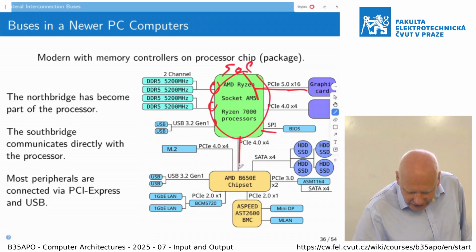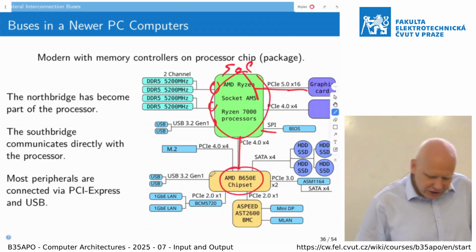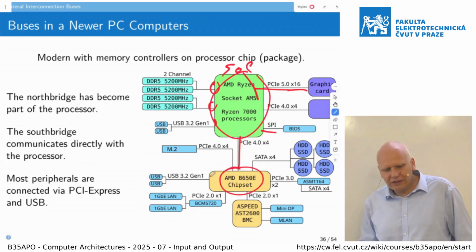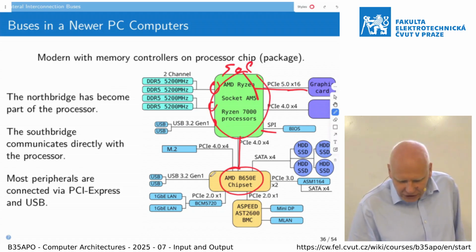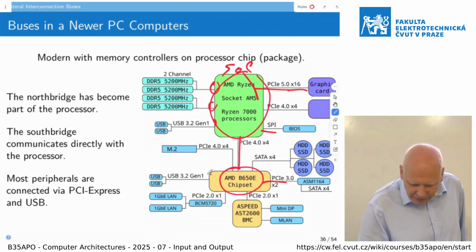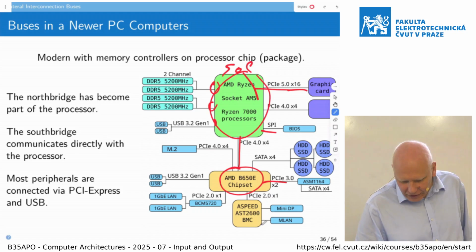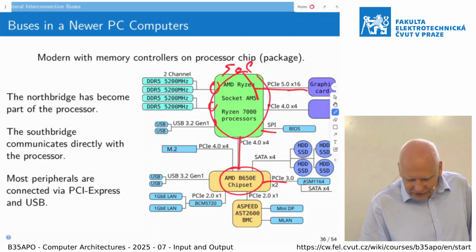And then we have there a chipset, which is something which has remained from the South Bridge, which connects the PCI Express, USB, communication devices, hard disk.